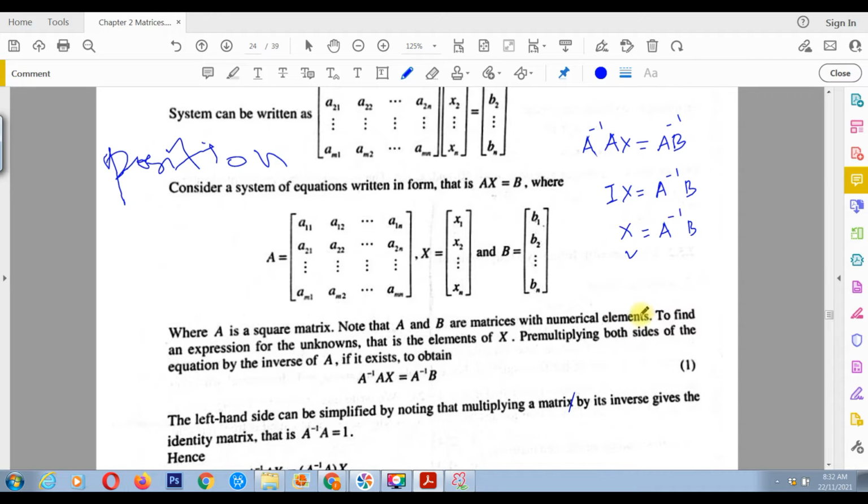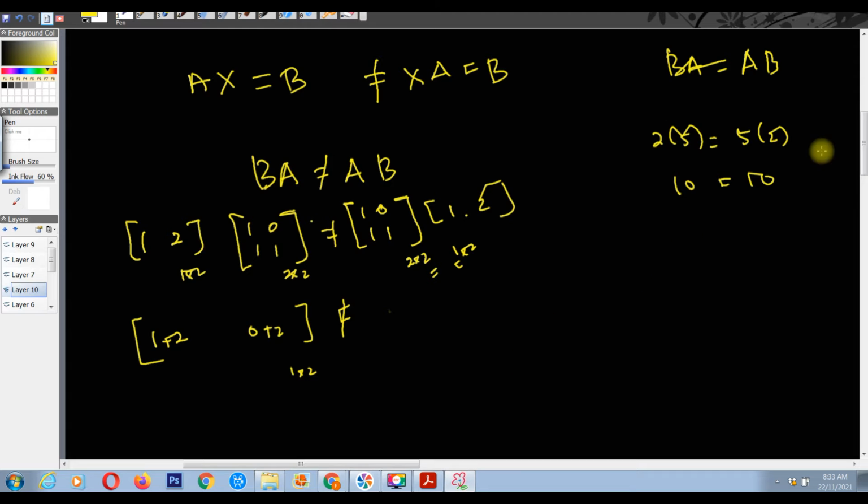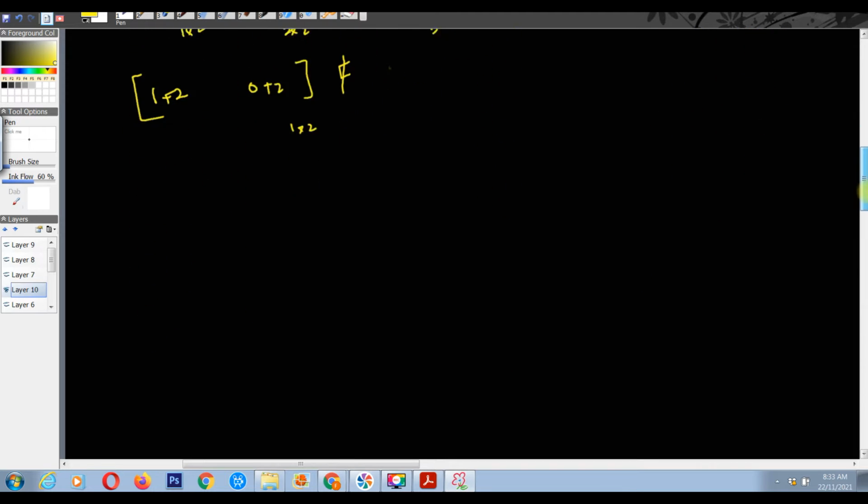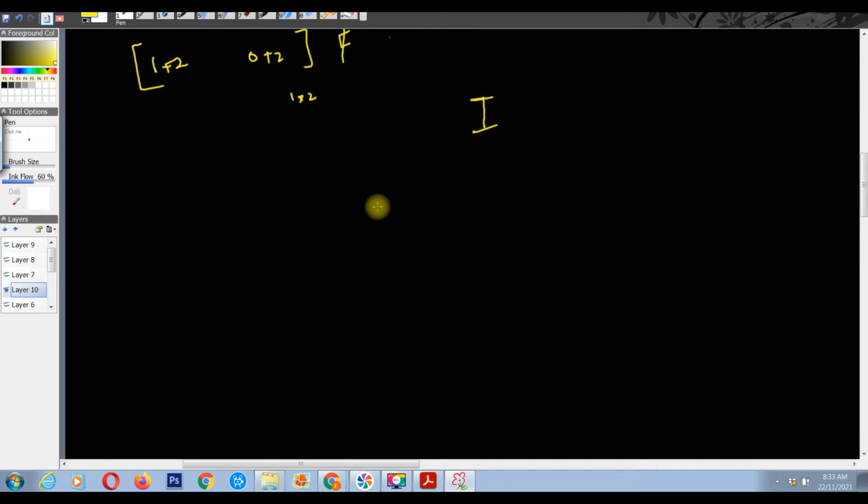Because it will be like 1 0 0, 0 1 0 and 0 0 1. For the identity, anything multiplied by the identity gives itself.